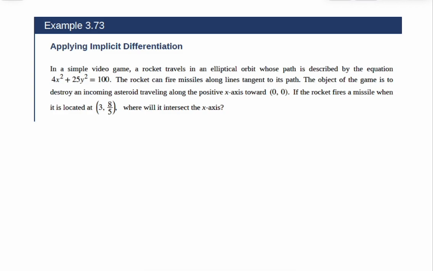Okay, so we have this video game where a rocket is traveling in an elliptical orbit, and the object of the game is to destroy an incoming asteroid traveling along the positive axis towards 0, 0. If the rocket fires a missile when it is located at 3, 8/5, will it intersect the x-axis?